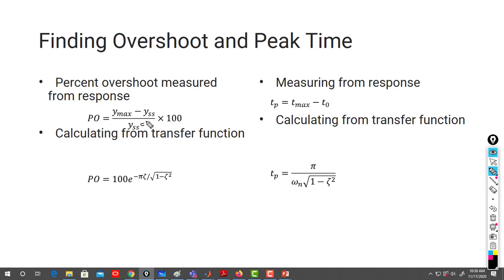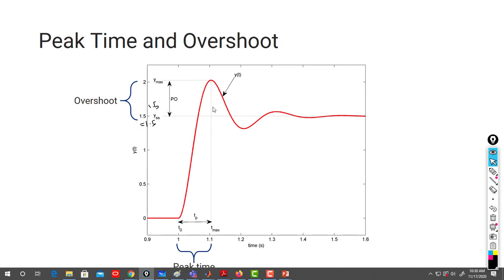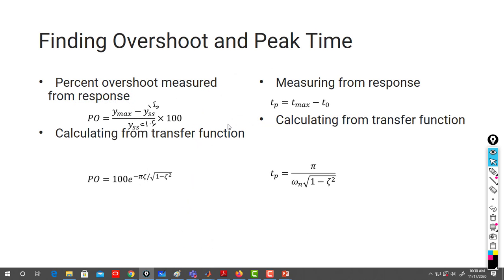Because they assume y equals 1, they say percent overshoot is y max minus the steady state times 100, and they forget to divide by the steady state, but it's not always 1. In this case it's 1.5, for example. So y maximum is 2, minus 1.5, over 1.5, times 100. So this is your percent overshoot.